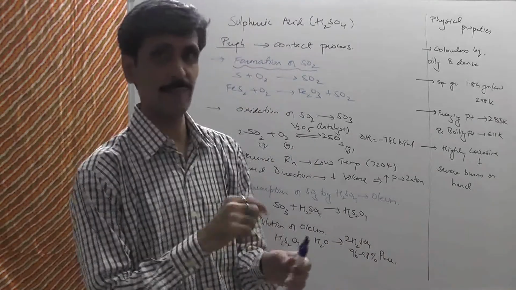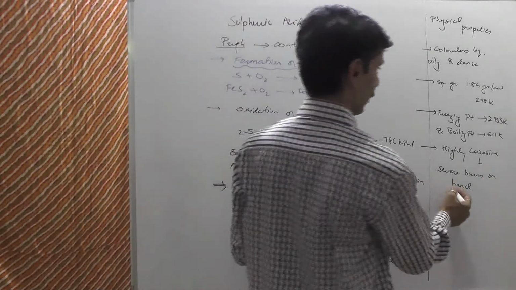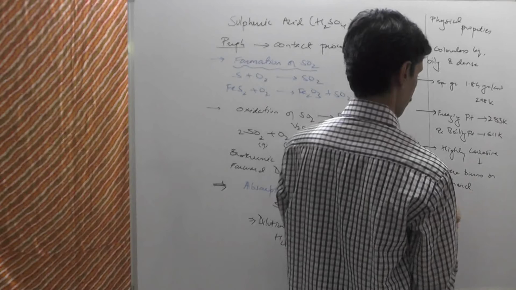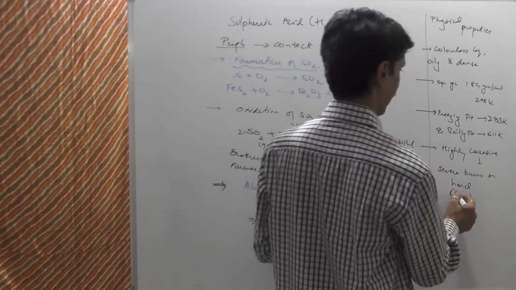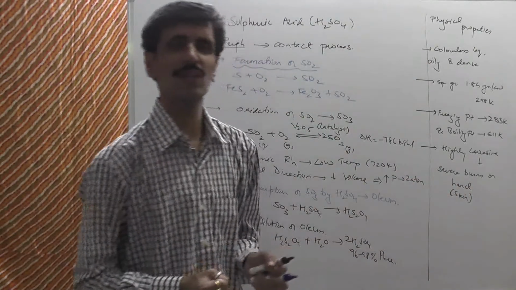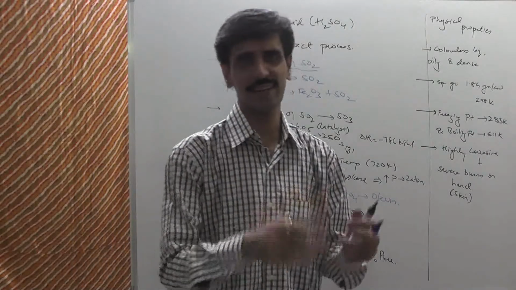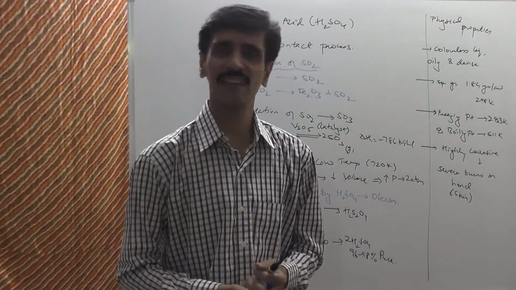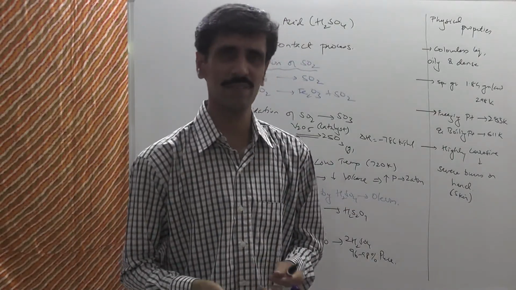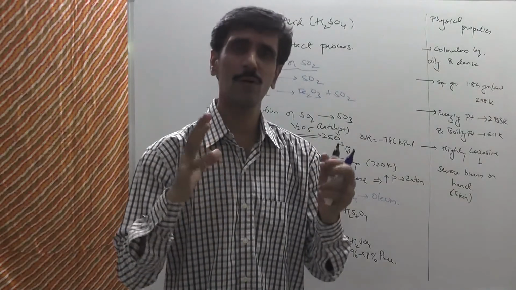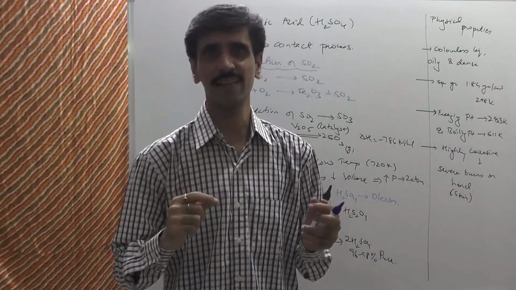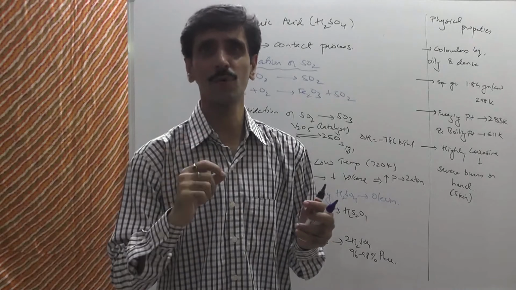That is, if it gets on the skin, hand basically means we are talking about skin, blisters will form and there will be severe burning. So you need to visit the doctor and all the first aid procedures have to be carried out. So you need to be very clear that when you handle concentrated sulfuric acid, you use utmost care.